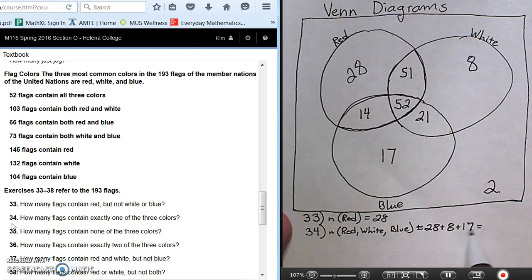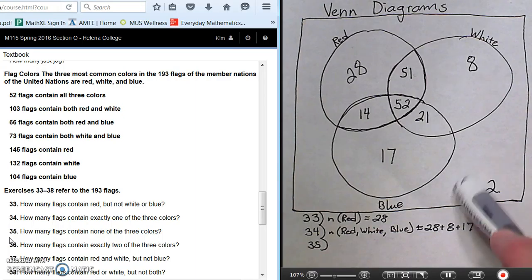Let's see, 28 plus 17 is 45, plus 8 is 53. I want to double check that on the calculator. Yes. Question 35. How many flags contain none of the three colors? Fortunately, earlier I determined that there are 2 flags that contain no red, no white, and no blue.